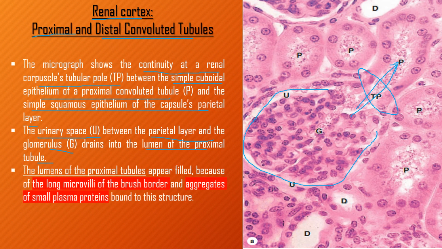The lumen of the proximal tubules appears filled because of the long microvilli of the brush border and aggregates of small plasma proteins bound to this structure.